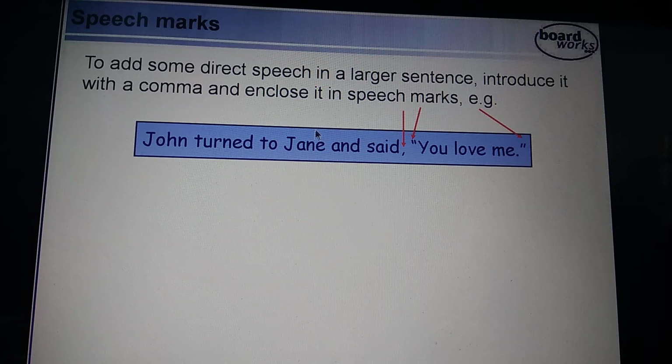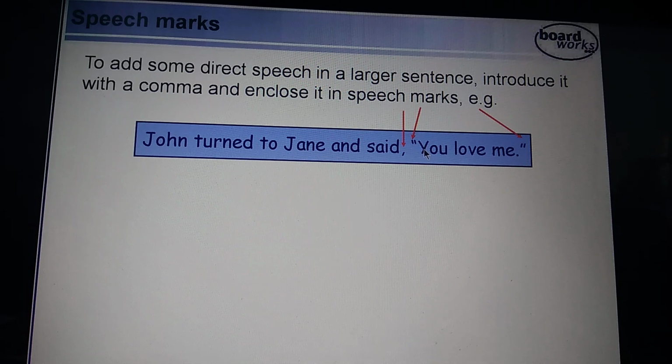John turned to Jane and said. At the beginning of the speech mark, we normally use a comma, then give one space. Then begin the quotation marks, or speech marks, or inverted commas. Then the sentence. Also mark that the first letter of the speech is capitalized.